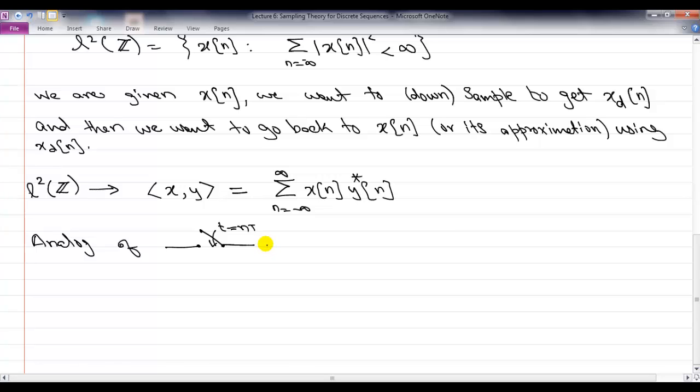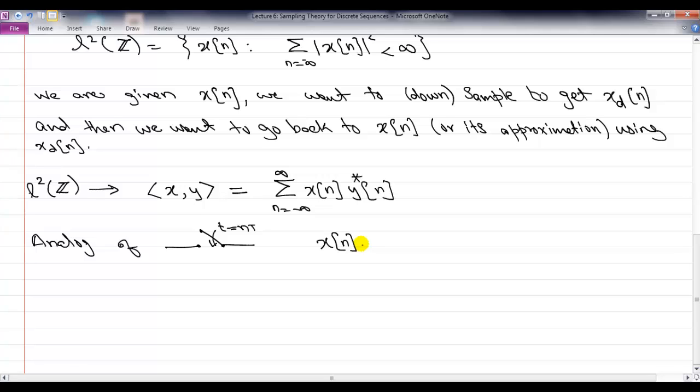Well, in the discrete world, the notion of sampling, or at least point-wise sampling, can be defined in a similar fashion. You are given x[n], and you want to collect its samples every, let's say, M. Now, we don't have units, so we can't say seconds, right? Every M samples of the original sequence.